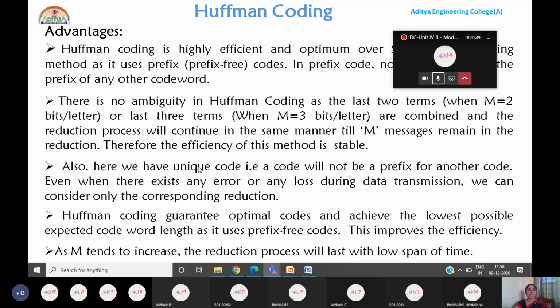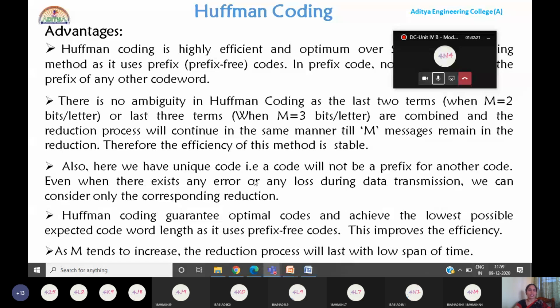Next, here we have a unique code, because this is not at all a partitioning process. This is a reduction process, or combining process, based on combining the last m terms. Here we have a unique code, that is, a code will not be a prefix for another code. So no code word will be the prefix of another code word.